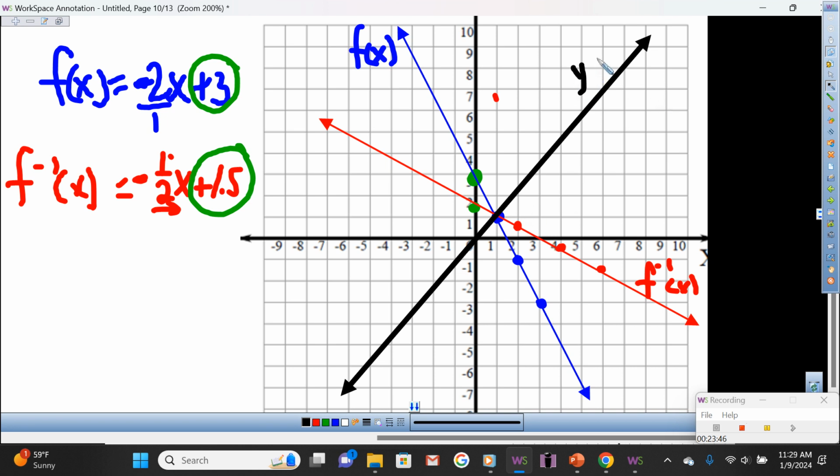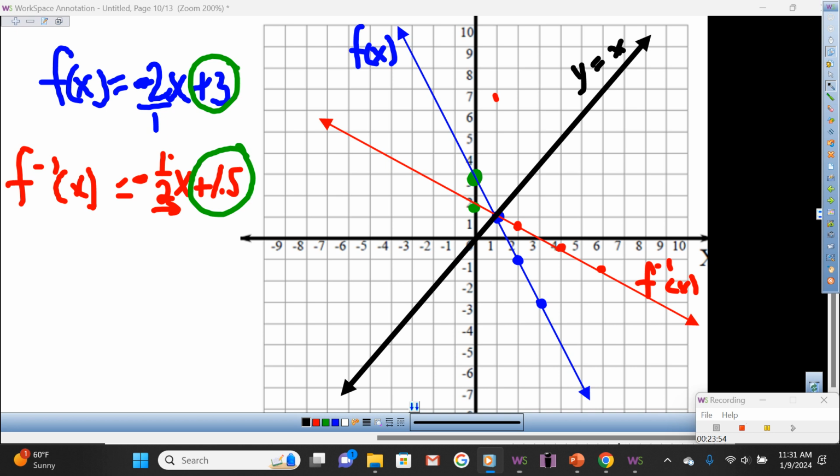And this one I'm just going to label y equals x. So that's the second part of the home plate. They're going to ask you to do that for, I think, 2 problems. You find the inverse, and then you graph it.